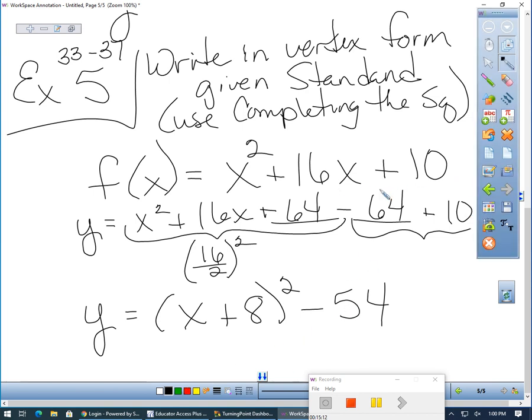That's to get the k value. This right here, this minus 64 plus 10, is our k value. This one? Yeah, that's part of the perfect square. So, if I were to multiply this back out, like put it in the box and multiply it out, you get that. We have to have that so we know what we got to take back off, right?